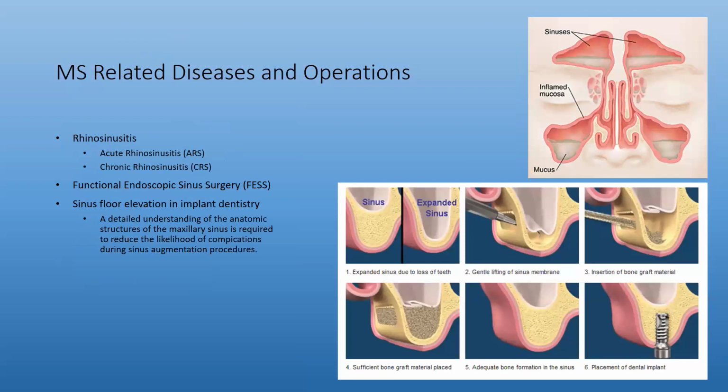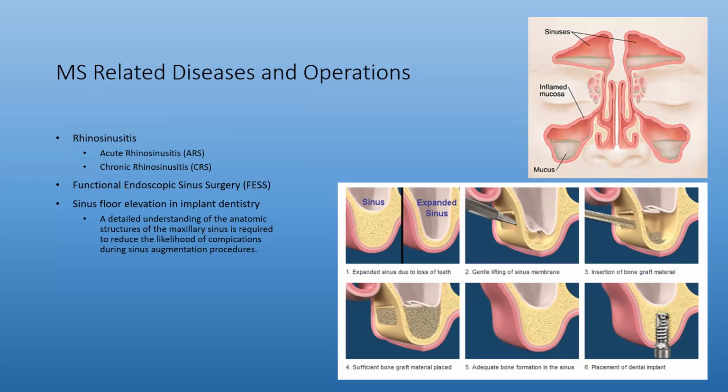I think it is also important to know the diseases and operations related to the maxillary sinus to emphasize the importance of our study, or MS segmentation. Sinusitis is the first and most common disease when we talk about the sinuses. It is the inflammation of the nasal cavity and paranasal sinuses, as we see in the first image.